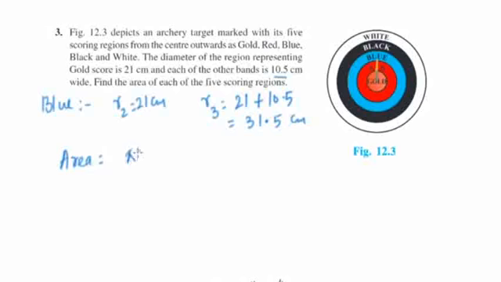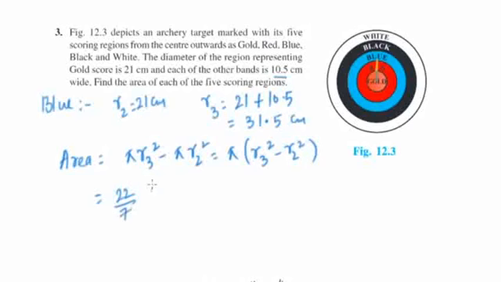Now let's find the area. So to find the area, it will be pi r3 square minus pi r2 square. We can take pi common. So it will be r3 square minus r2 square. And we have the value of r3 and r2.